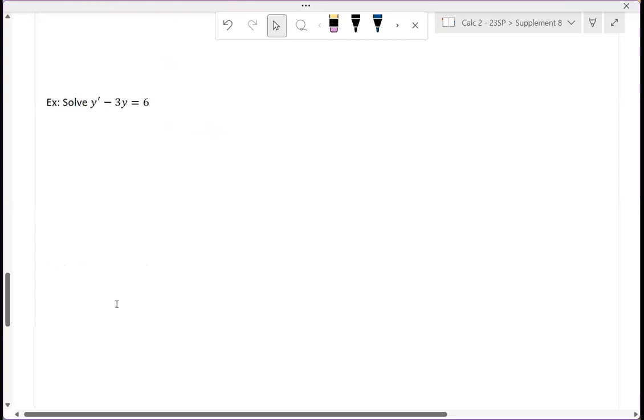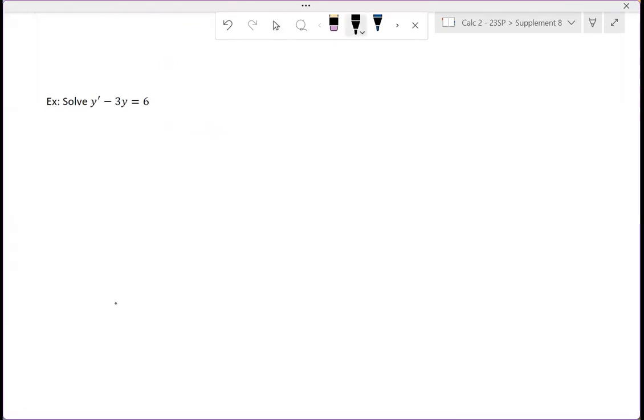Okay, so let's look at a practical example here. So we note that our equation is in standard form. So we have the coefficient of y prime is 1. So this tells me that p of x is -3.